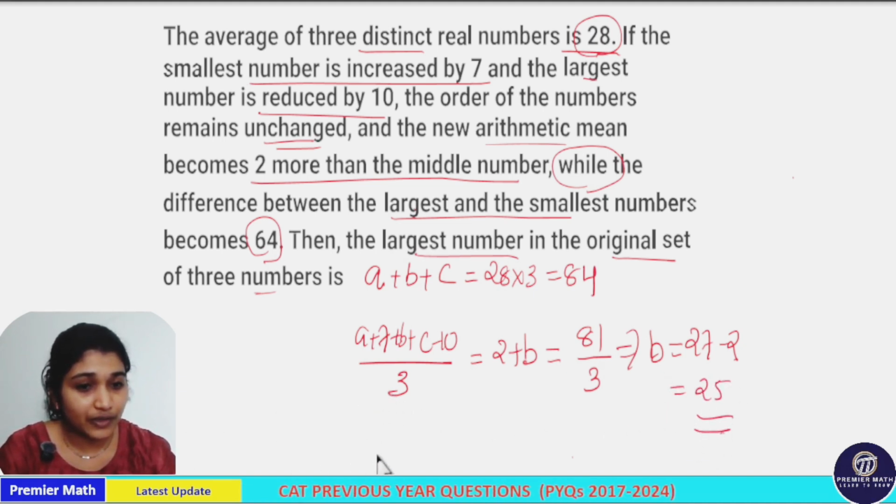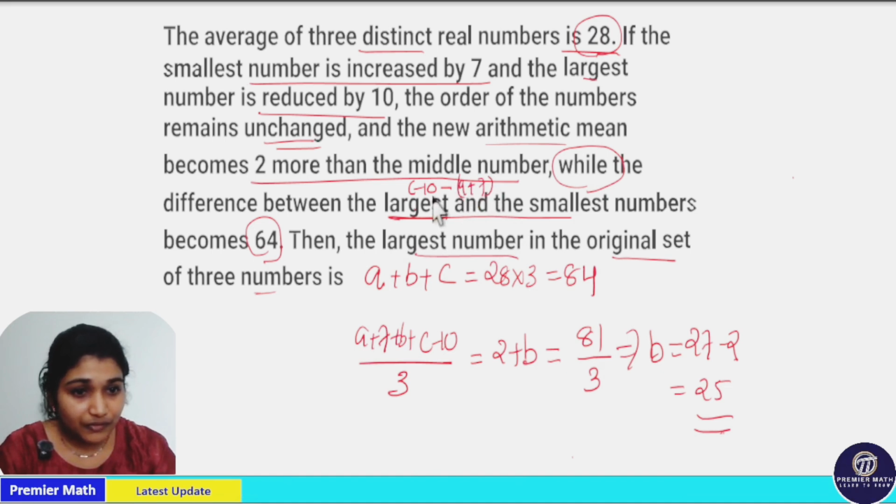Middle number is 25. And when you increase A by 7 and decrease C by 10, order remains unchanged. And difference between largest, which is C minus 10, and smallest, which is A plus 7, is 64.